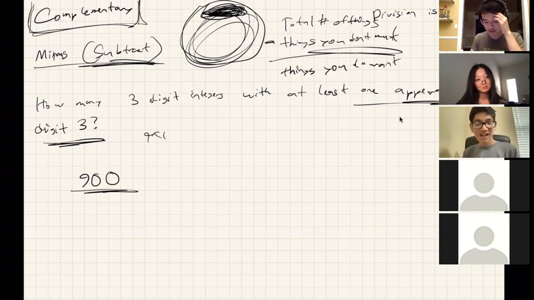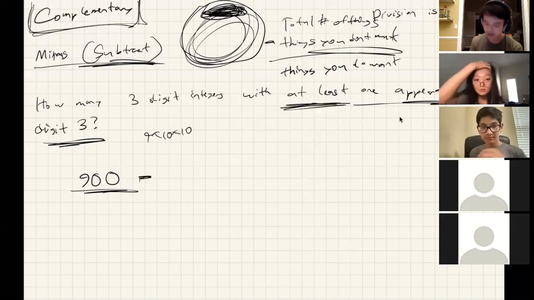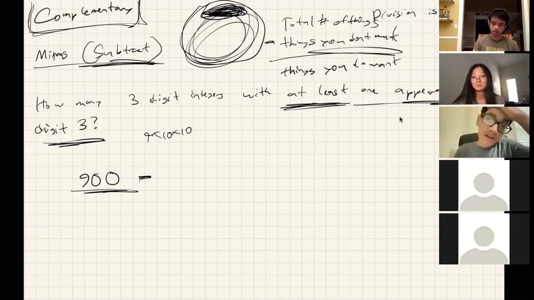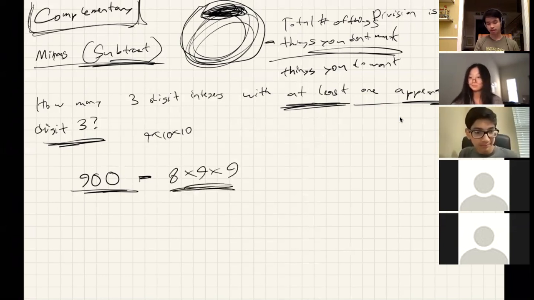It's just 9 times 10 times 10. Then, since it's at least one, you subtract the 3-digit integers with no appearance of the digit 3. That turns out to be 8 times 9 times 9. I'll leave that to you to verify.